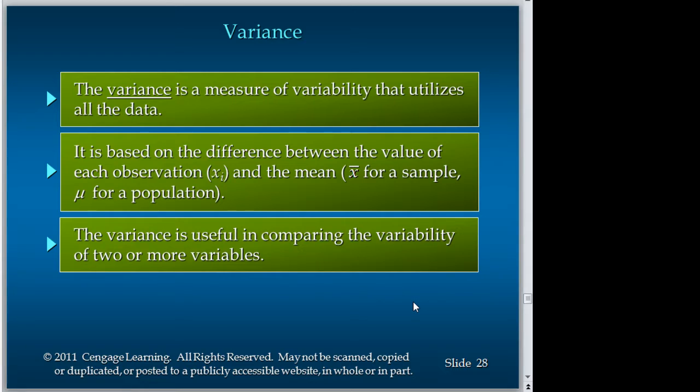One of the attempts to overcome the shortfall of the range is what's called the variance. Variance is a measure of variability that utilizes all the data, right? And it's simply based on the difference between each value from the mean.